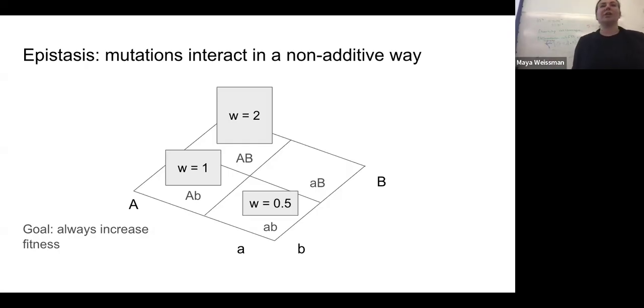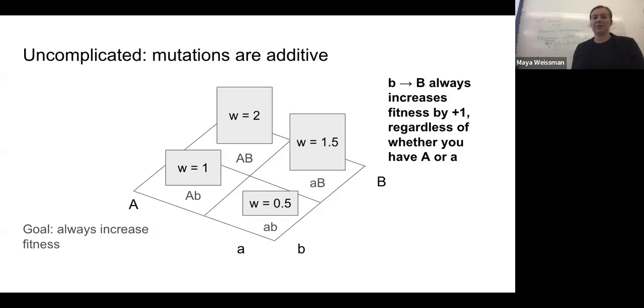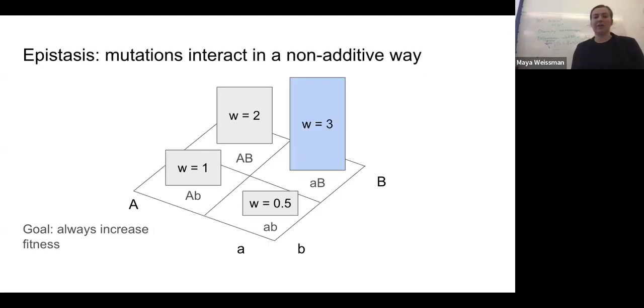Epistasis is our word for when mutations interact in non-additive ways. So a more complicated version of this might look something like this, where now the fitness of one of our genotypes is not what we would predict. In this case, the B allele is beneficial in both cases, but it's way more beneficial.